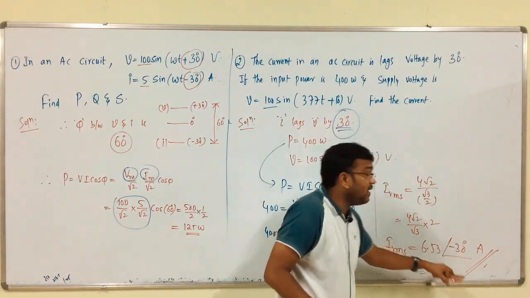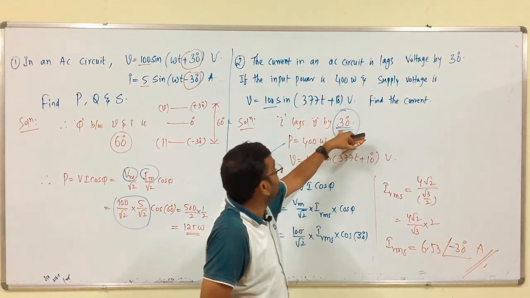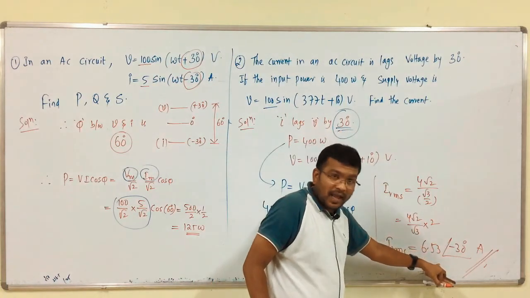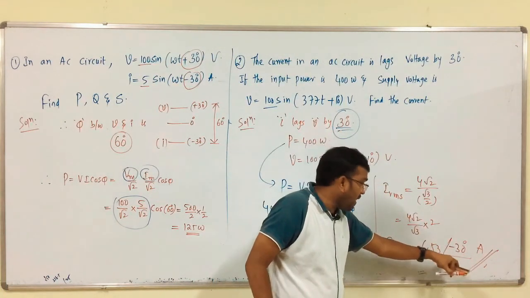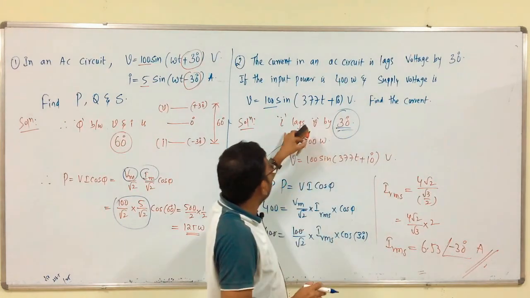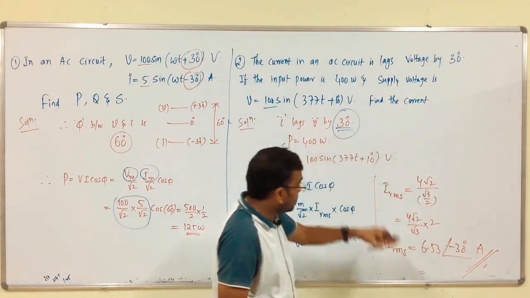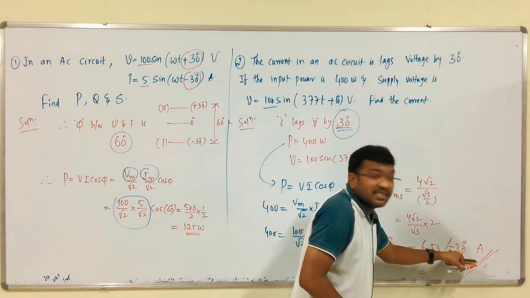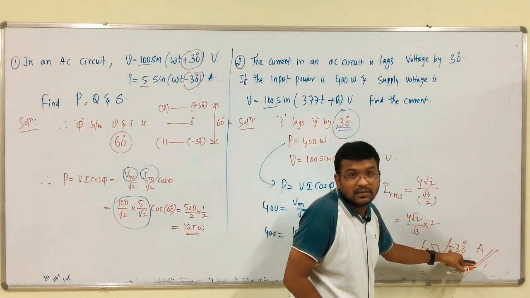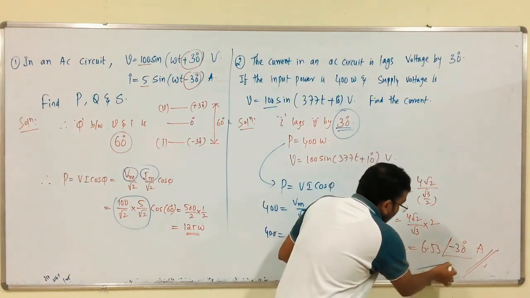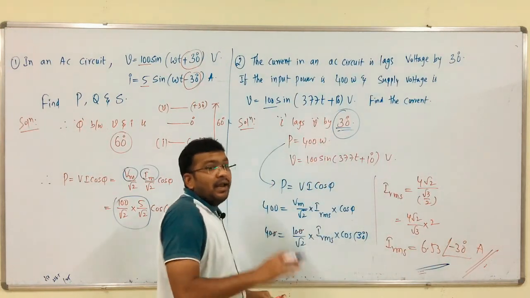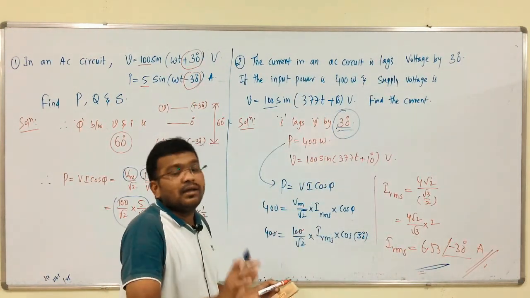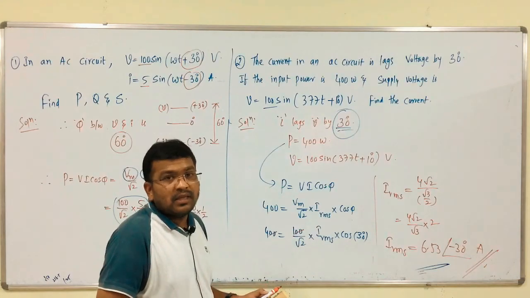Why minus 30? Here the current lags voltage by 30, that is the meaning. For example, if current leads voltage by 30, it means 6.53 plus 30. You have to write like this. Now, this is the correct answer: 6.53 at an angle minus 30 amps is the required answer. So, like this you have to calculate.